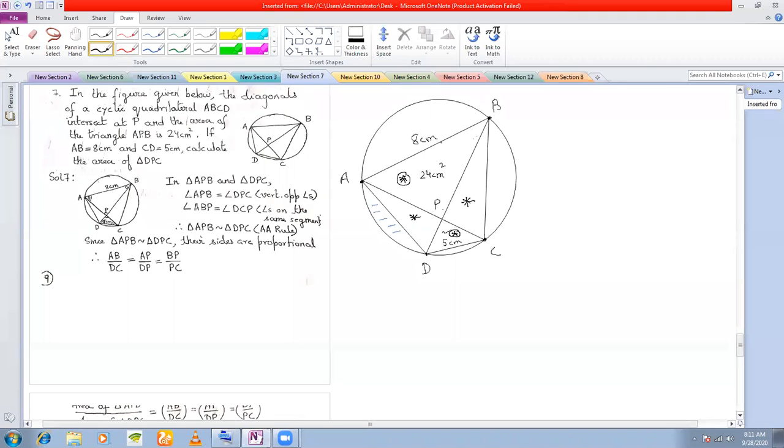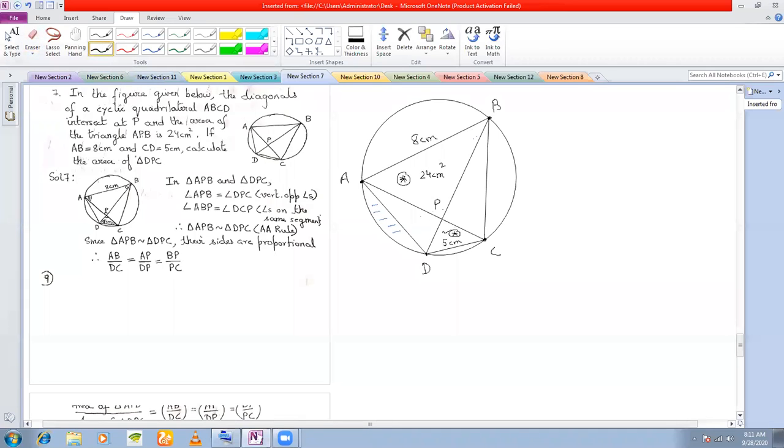If you see, I know AB and I know CD. This means that I'm not interested in these two triangles, but in fact I'm interested in these two triangles only, the ones that I have circled, that is triangle APB and triangle DPC.